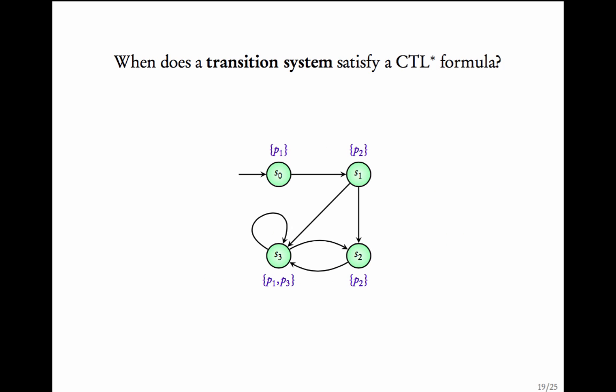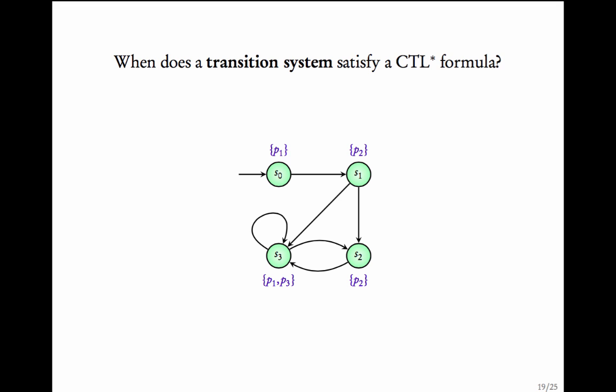So far, what we have seen is the logic CTL star made up of state and path formulae. We saw when a tree is said to satisfy a CTL star state formula: it is said to satisfy this state formula if the initial state, the root, satisfies it. Finally, what we are interested in is a transition system.